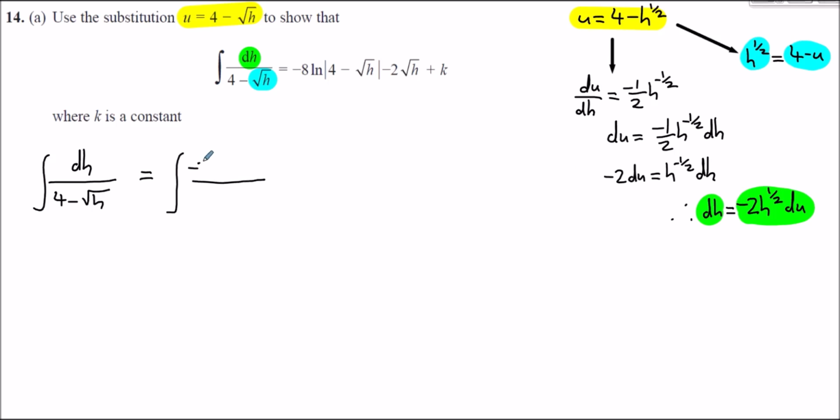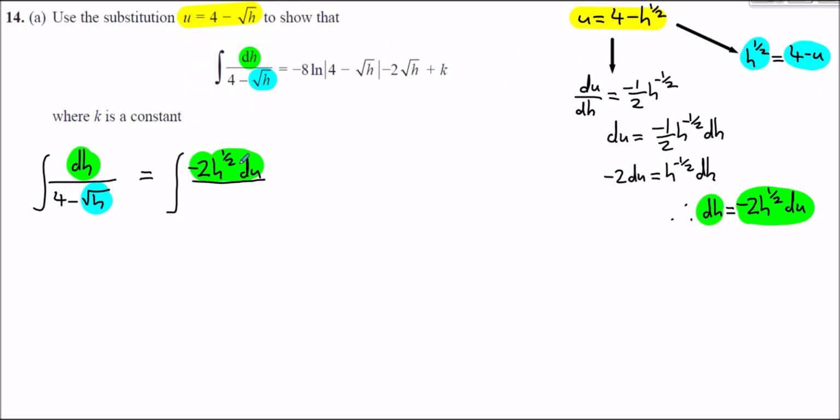So we've got -2h to the 1/2 du, just switching dh for what dh is in terms of du. And then the 4 minus root h, well, root h, of course, is 4 minus u.